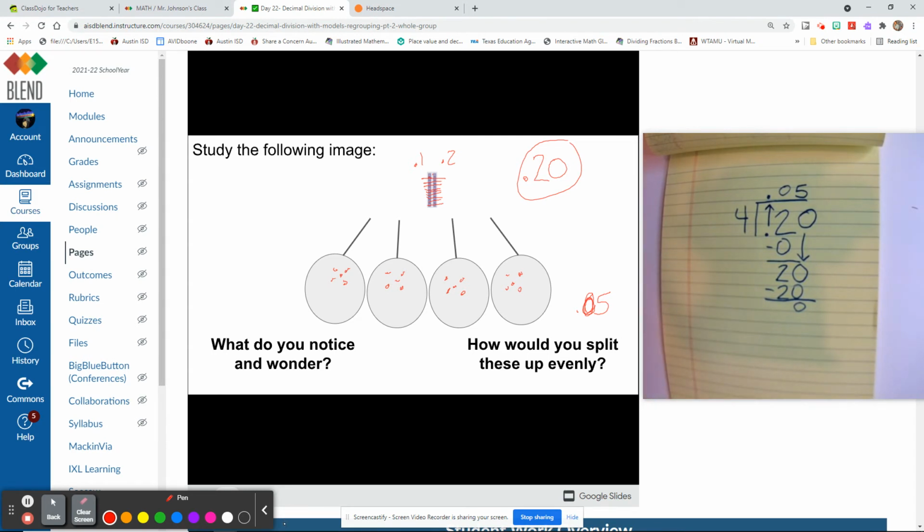And remember, we split these 2/10 into 20 hundredths. We took the 2/10 sticks and broke them into the 20 hundredths, and then we took the 20 hundredths and split them into the 4 groups, putting 5 hundredths in each group. 4 groups of 5 hundredths.